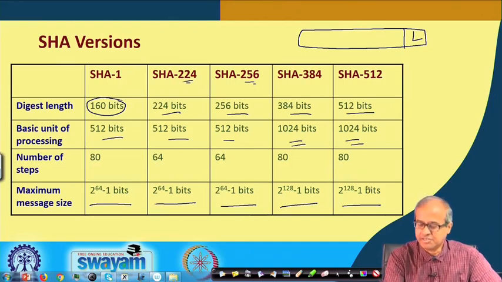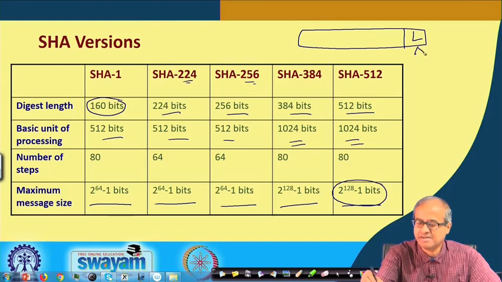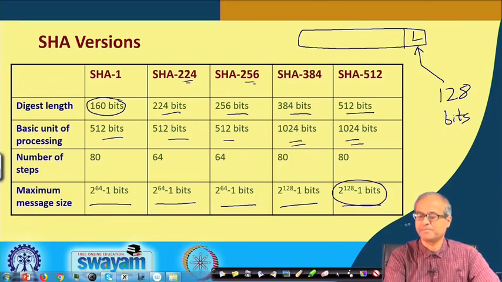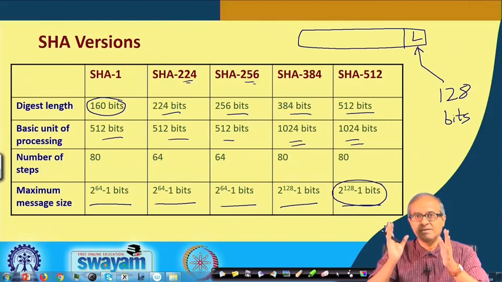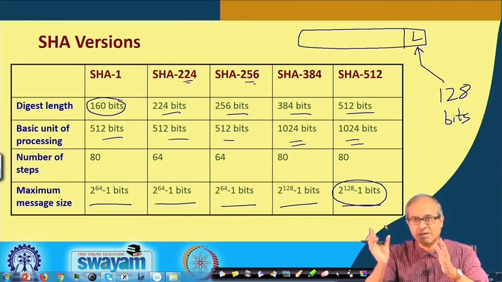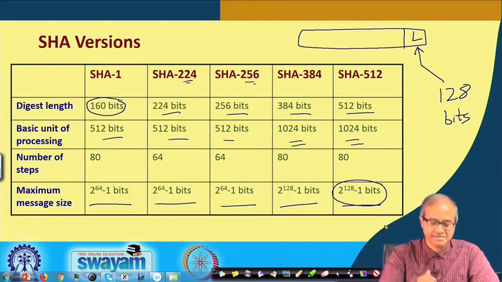Now, this 2 to the power 128 minus 1 means that this message length will be 128 bits. So, the number of bits reserved for this L is fixed, and that determines the maximum size of the message.